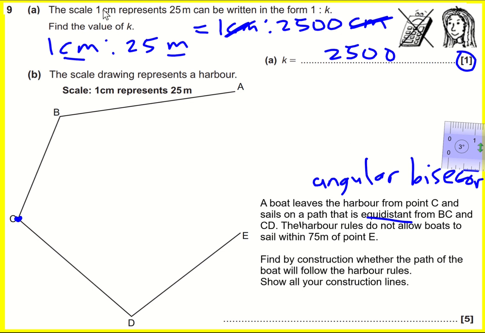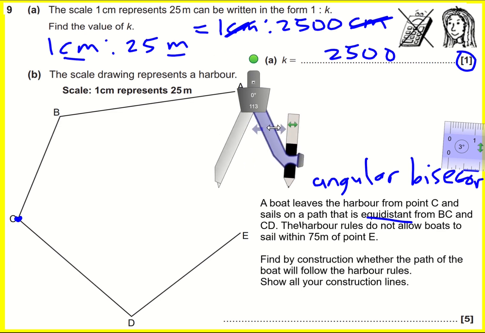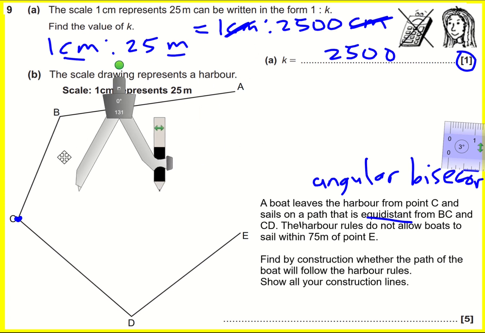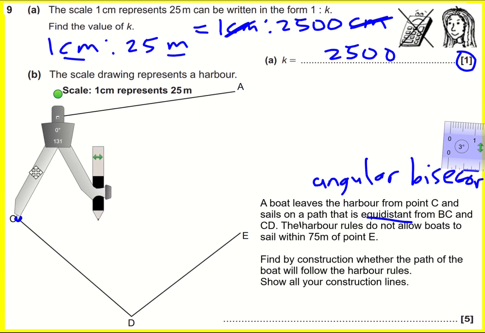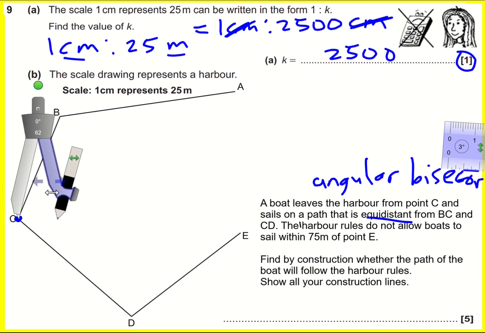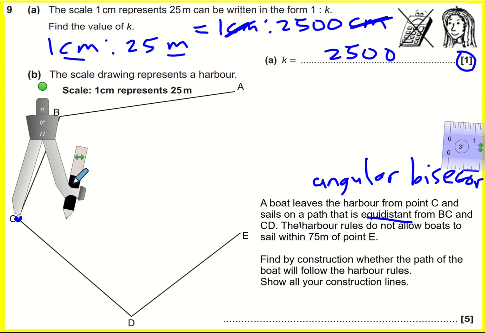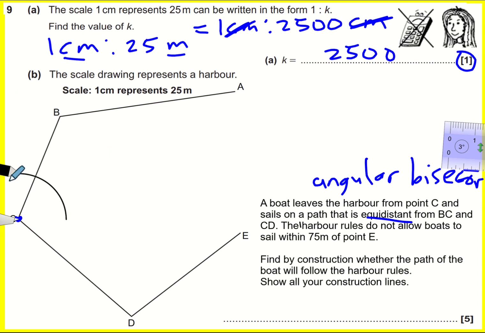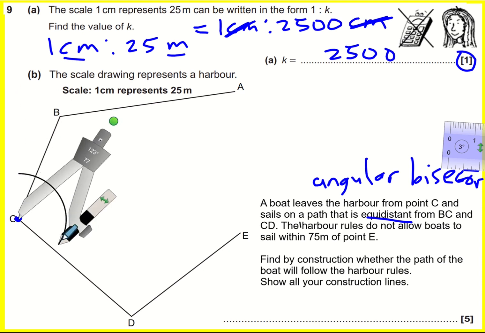All right, let's do this. So we're going to need a pair of compasses for this question, and we need to draw an angular bisector. So this is how you do it. You get your compass, you put the point on where your angle starts, the point here, C, and then you can decide how far you go out with your compass. I'm going to go to about here, not too large, not too small, and I draw an arc all the way around.